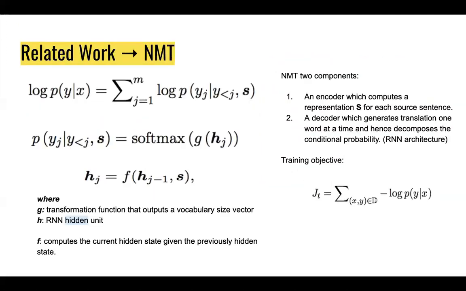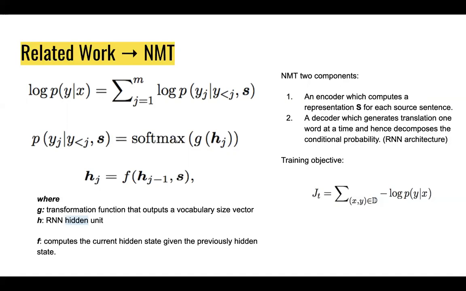For the related work, NMT, neural machine translation, there are mainly two components. First is the encoder part, which computes a representation for each source sentence. And the second is the decoder, which generates the translation one word at a time and hence decomposes the conditional probability.